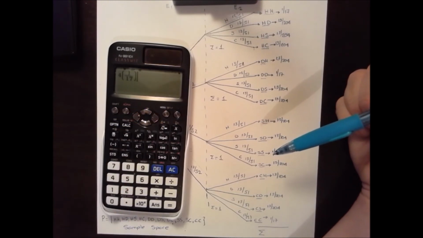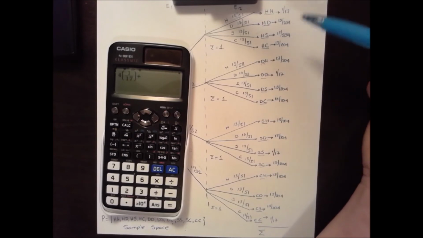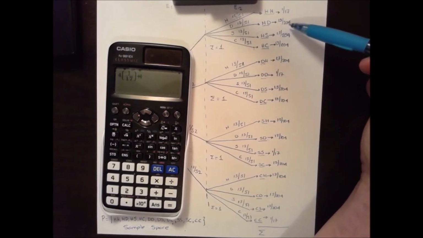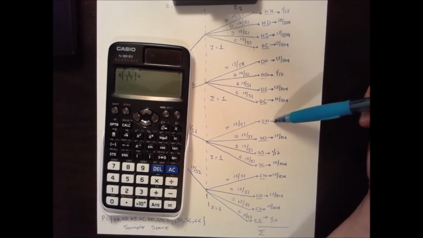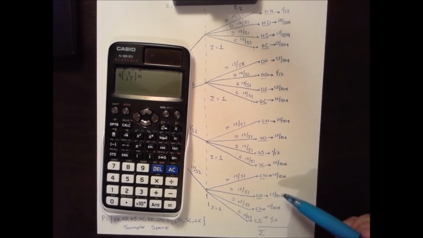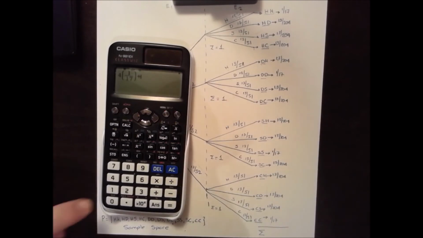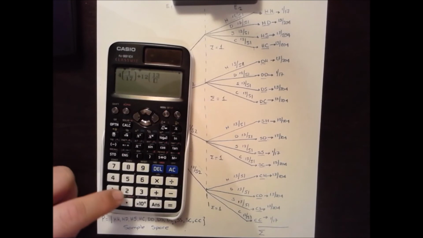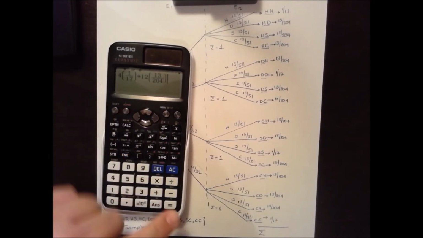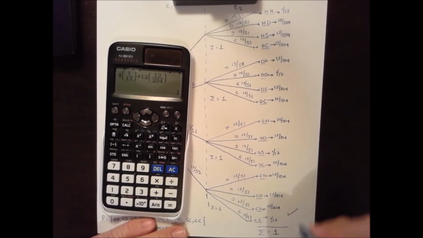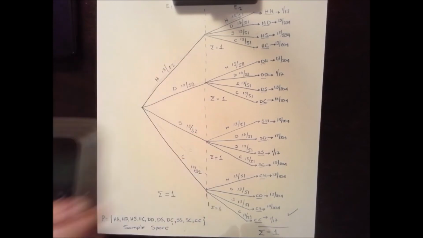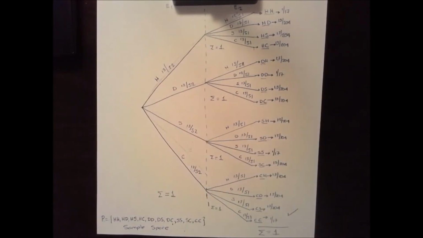Plus, how many 13 over 204 do you have? 1, 2, 3, 4, 5, 6, 7, 8, 9, 10, 11, 12. Plus 12 times 13 over 204. Are you ready? How much is that? That is 1. So it means that we are right. Okay, our tree diagram is right.